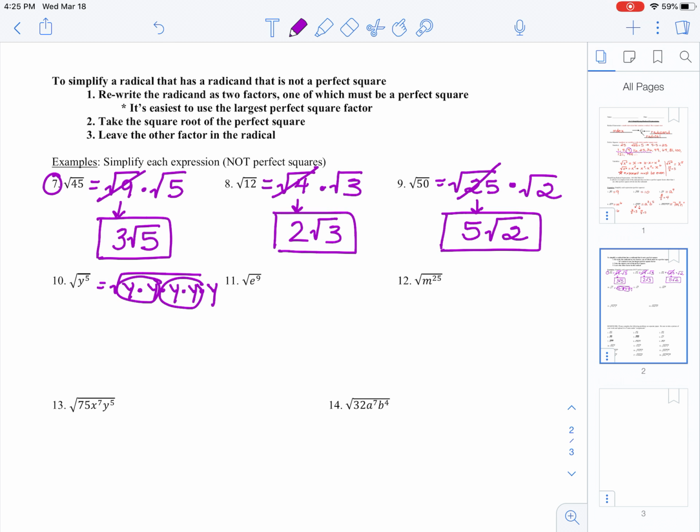A pair comes out of the radical symbol. So a pair of y's for the first circle and a pair of y's for the second circle come out of the radicand and represent the pairs as y to the second power. The last y that's by itself, not part of a pair, stays underneath of the radical sign.